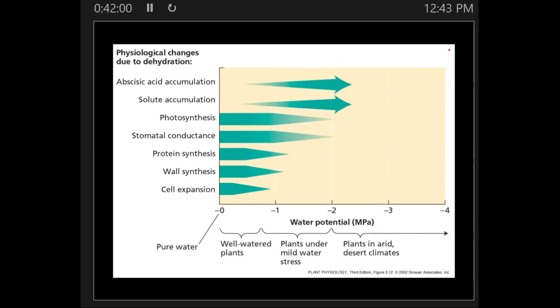Based on the experiment we provide, you'll be able to do that. And you'll use the water potential equation, Ψ sub W is equal to Ψ sub P plus Ψ sub S. You'll plug in the values from the data you're collecting, and you'll be able to calculate the water potential of that tuber.